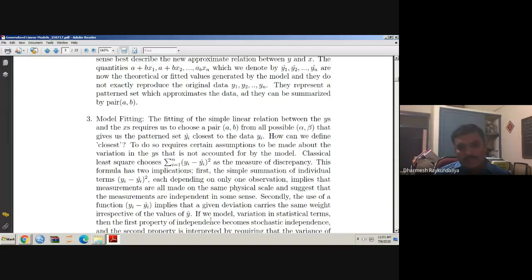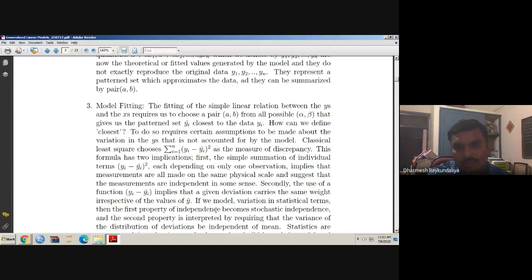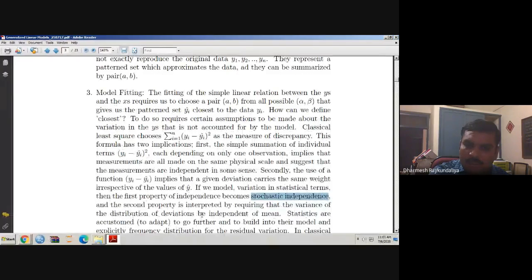If we model variation in statistical terms, then the first property of independence becomes stochastic independence. And the second property is interpreted by requiring that the variance of the distribution of the deviation be independent of the mean.